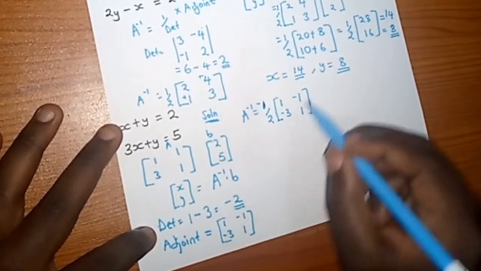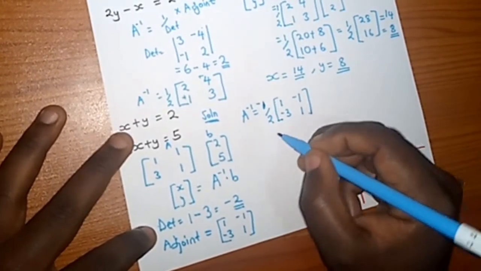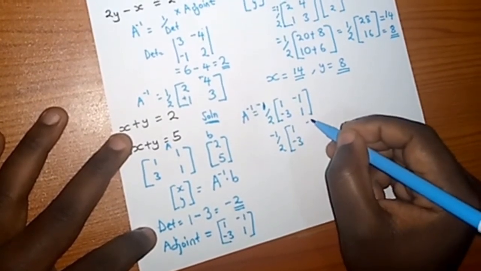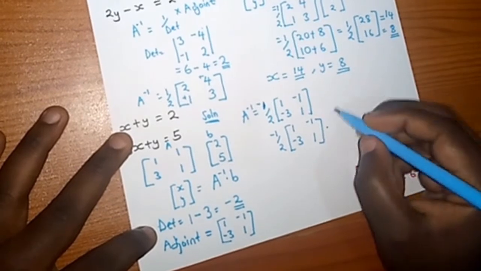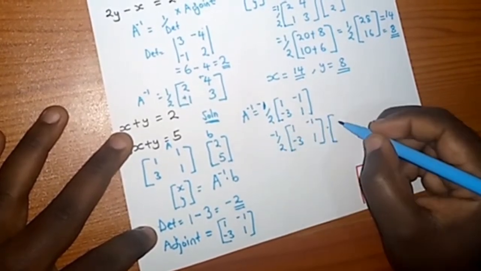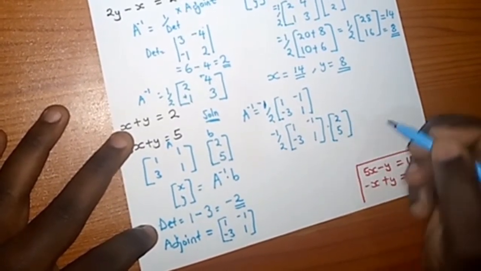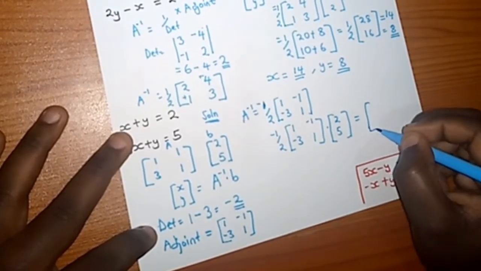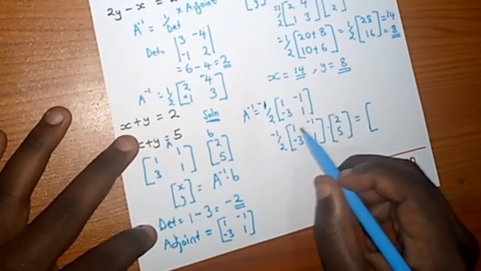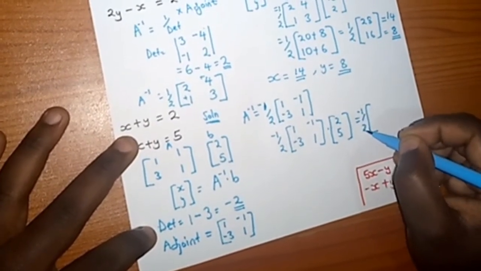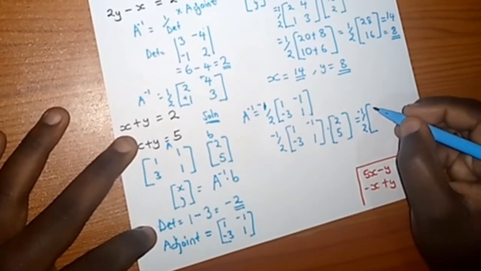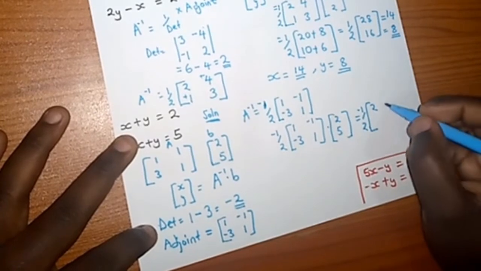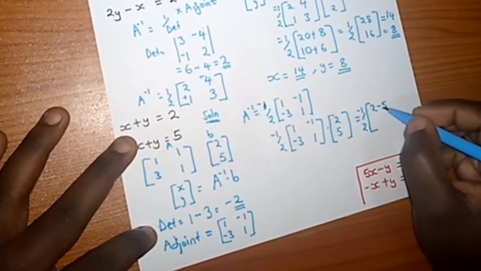So I'm going to multiply this by the B. So -1 out of 2, here I have 1, -1, -3, 1, multiplied by the B, which is 2 and 5. If I multiply this to here, the negative half remains outside still. 1 times 2, I get 2, plus -1 times 5, which is -5.